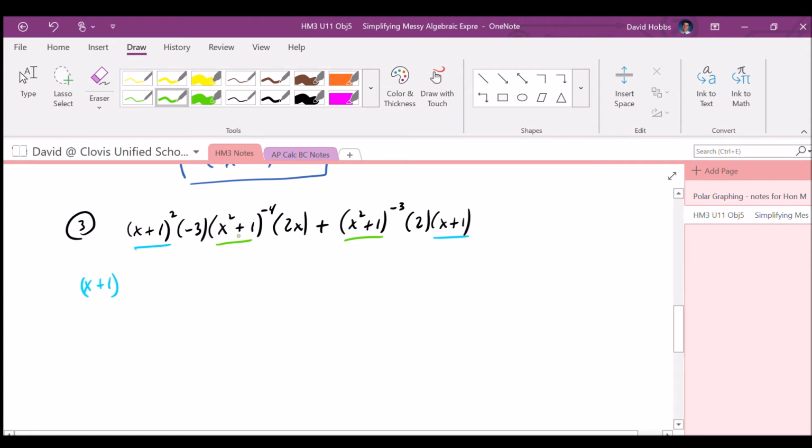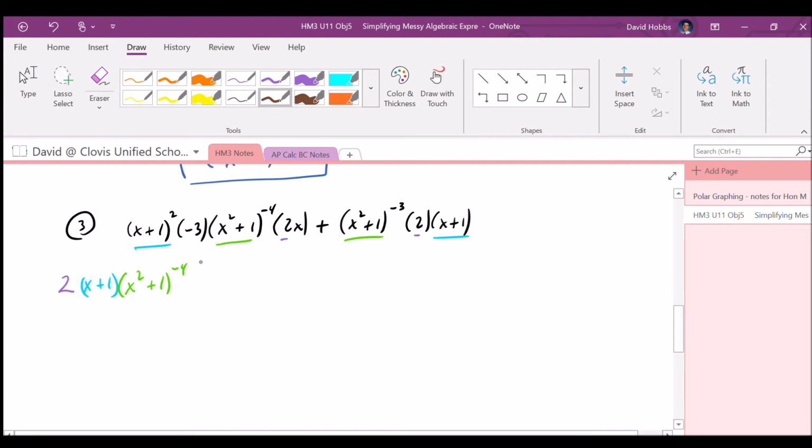So in that case, the bigger one would be the (x squared plus 1) to the negative 4 power. So bring out the bigger one. There. Okay, now, is there anything else in common? Yes, we also have a 2 in common as well. Okay, so there is a 2 in common in both parts, and so we'll put that out in front.